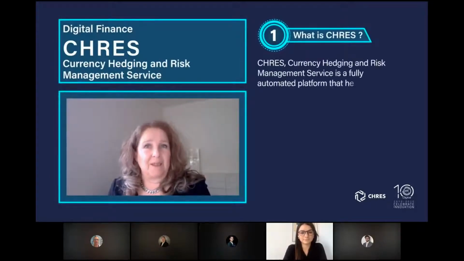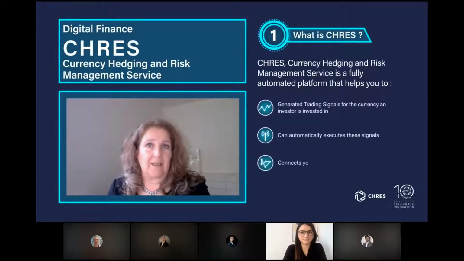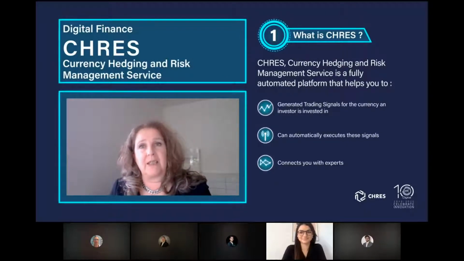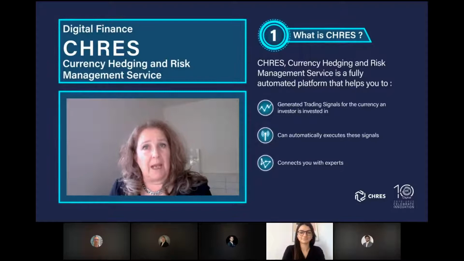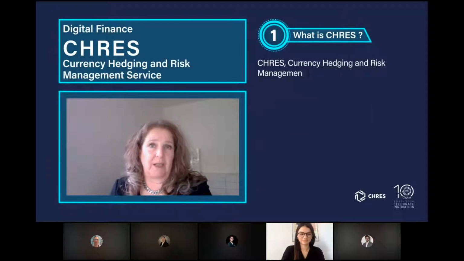CHRES, what is it? It's a platform and a service helping everyone who's exposed to currency risk. If, for example, you are a globally operating company having to pay a bill in US dollars in 6 months from now, it will depend on the exchange rate at that time how many euros you will have to pay. CHRES can be seen as a kind of insurance against the fluctuations of the currency rate.